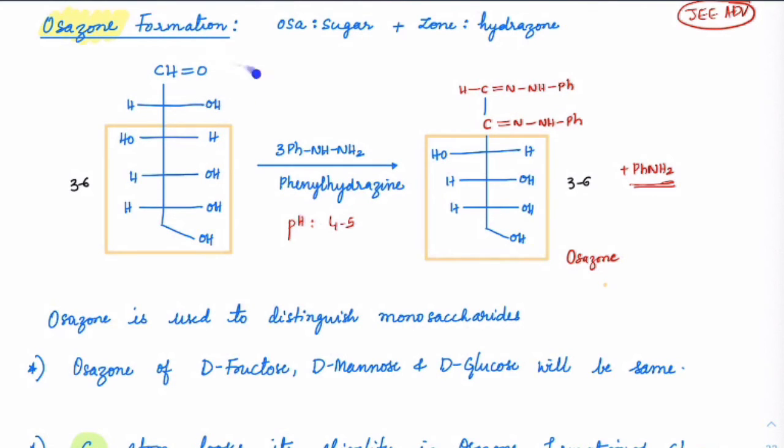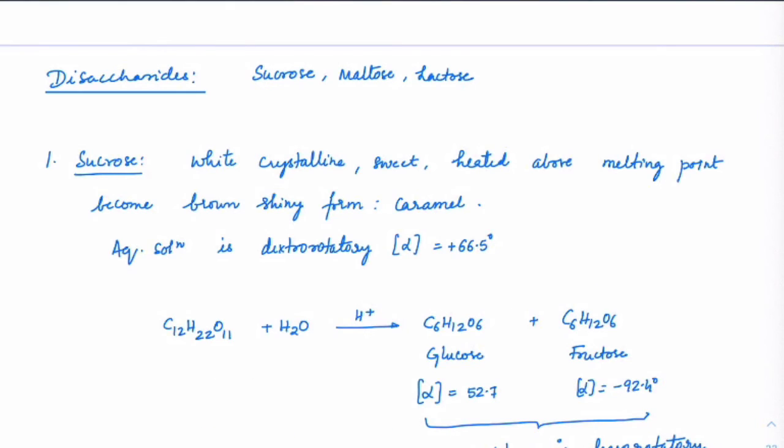This will form a cyclic structure here, and here also a cyclic structure. Which osazones would be the same? Let me repeat once again: glucose, mannose and fructose, because carbon 3 to carbon 6 have the same structure. Whether you start with ketone or aldehyde, it doesn't matter. Osazone will form only on carbon 1 and carbon 2.